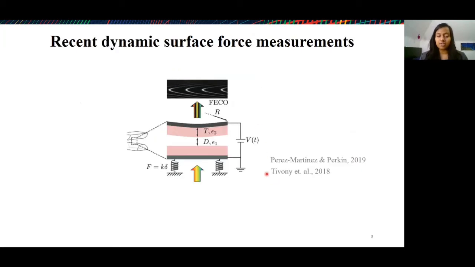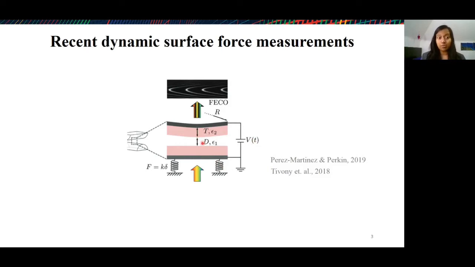A couple of groups have measured the electric force between two charged surfaces in an electrolyte through a modified surface force apparatus, where the surfaces are now electrified and they're able to apply a potential difference across them. This voltage can be a function of time, and so they're able to measure the dynamic, or time-dependent, force between these two charged surfaces in an electrolyte medium.